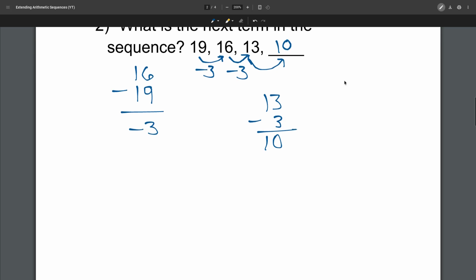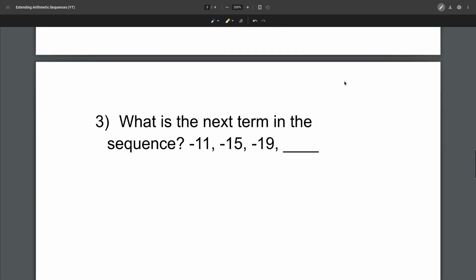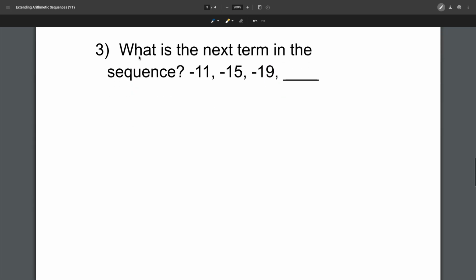Okay, let's keep going. What is the next term in the sequence here? So we go from negative 11 to negative 15 to negative 19. All right, so negative 15 minus negative 11.